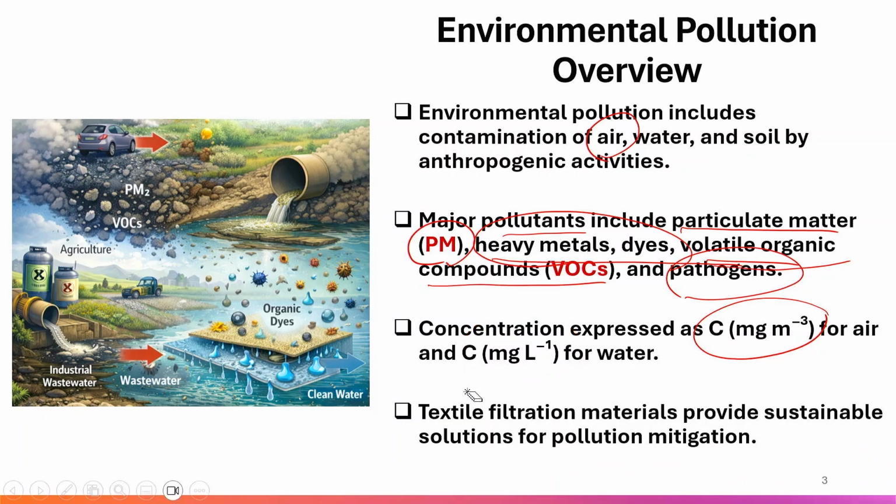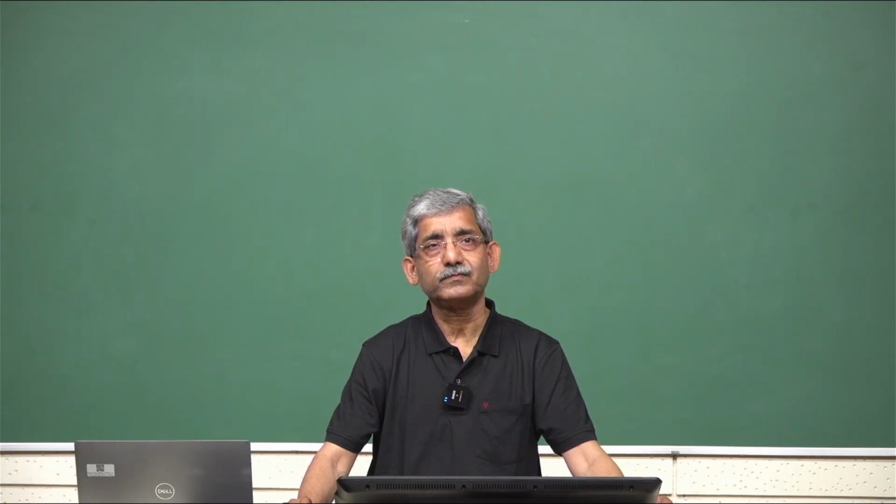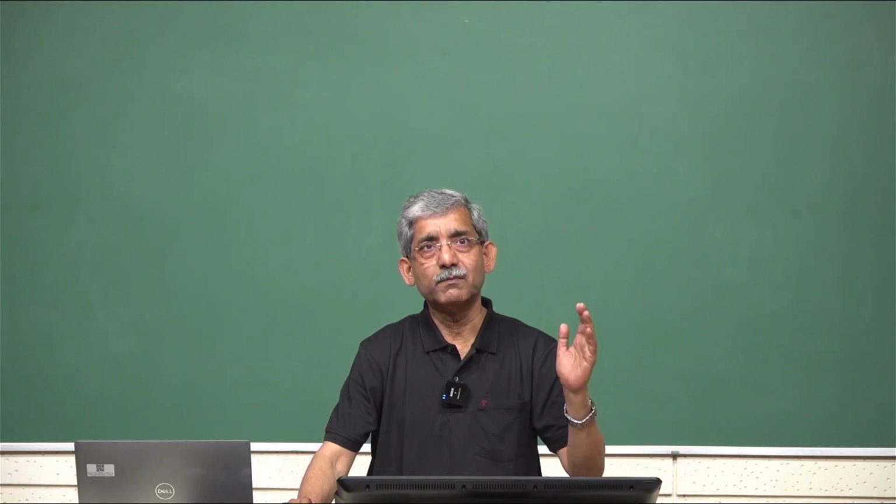Textile filtration materials provide a sustainable solution for pollution mitigation. We will see that if we use textile material, or sustainable textile material, its environmental impact can be reduced by recycling or many other ways. So, what are the environmental impacts?